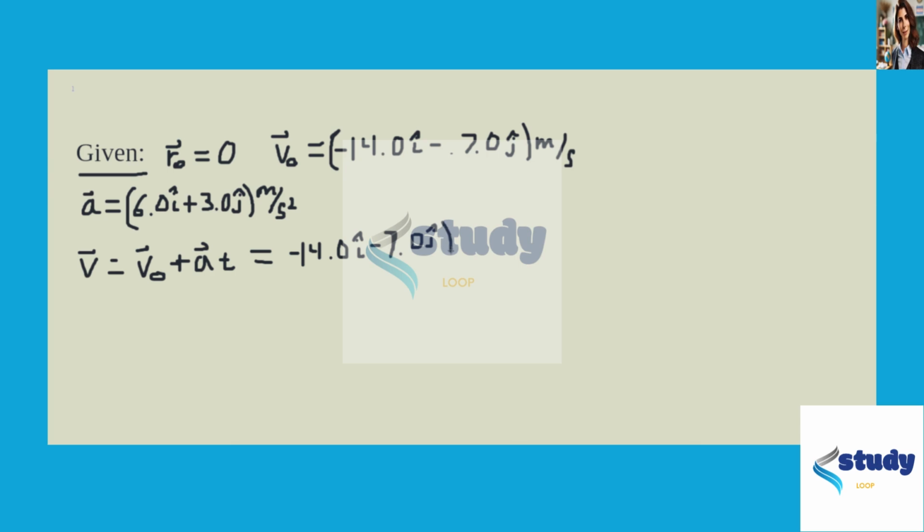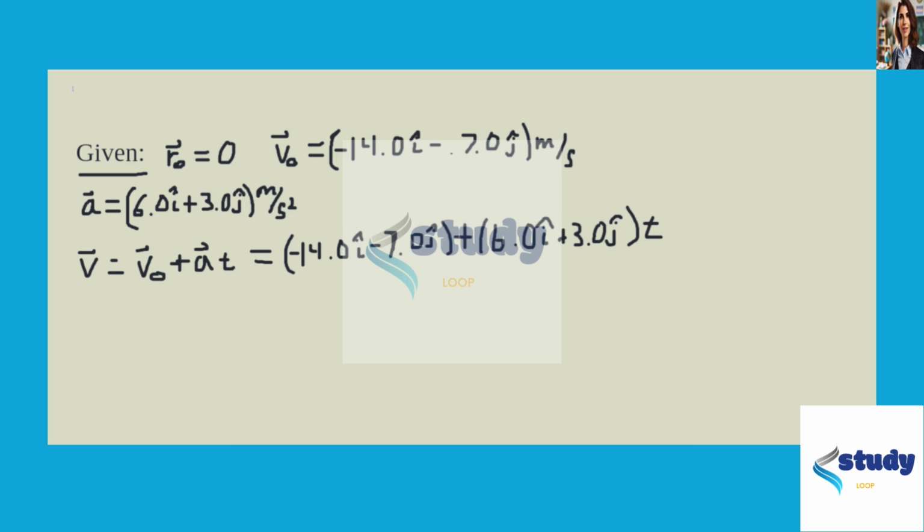And then that's going to be added to the acceleration, which is 6.0 i hat plus 3.0 j hat, and that's going to be multiplied by the time.